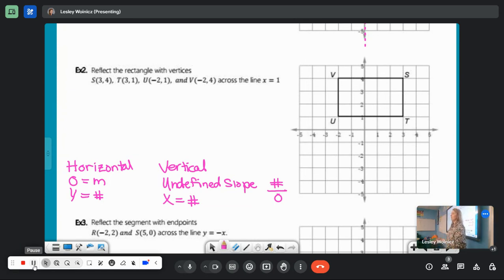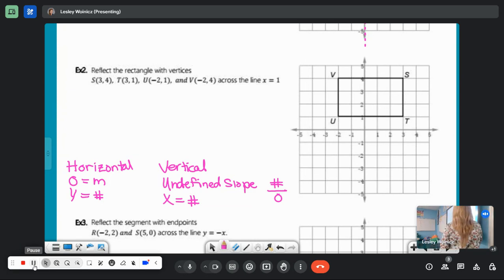If you're going straight up and down, you're not running at all. You're not going sideways. Does that make sense? Okay? Any number, no matter how small, any number compared to 0 is infinitely large. So it's undefined when we divide by 0. Everybody happy with that? Okay.